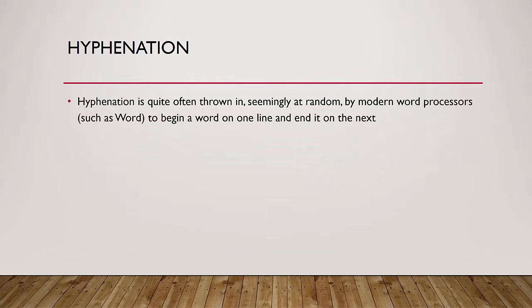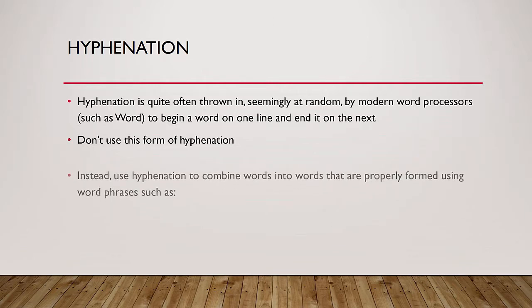You don't want the word processor to decide where to break your words from one line to the next. That's not a good use of hyphenation, so I'm going to show you when we get into the Word section how to turn off auto hyphenation in Word. So don't use this form of hyphenation.